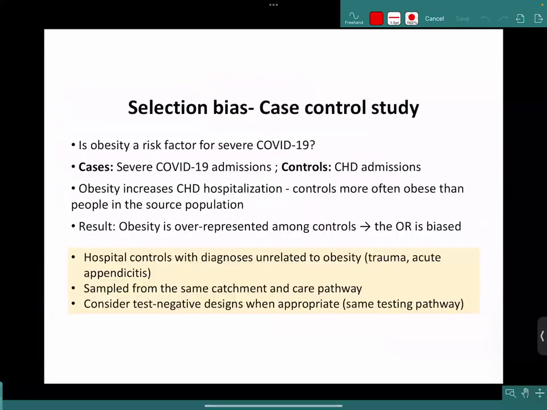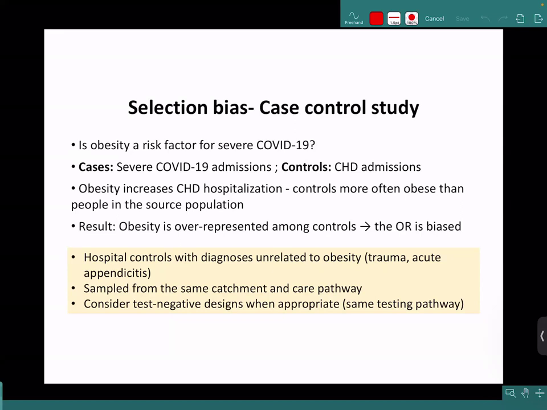The example is, is obesity a risk factor for severe COVID-19? Cases are those with severe COVID-19 admissions, and controls are individuals with coronary heart disease. We all know that obesity increases the risk of CHD and hospitalization because of CHD. So in controls, there is over-representation of the exposure, that is obesity.